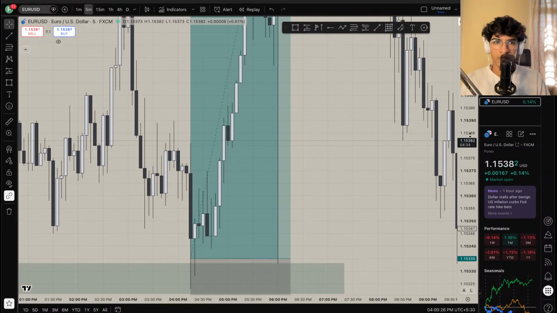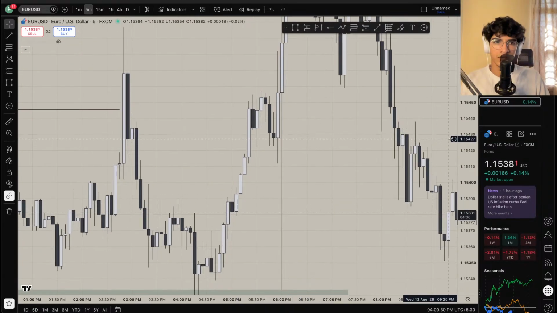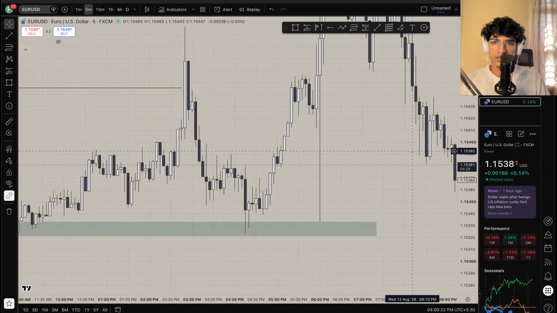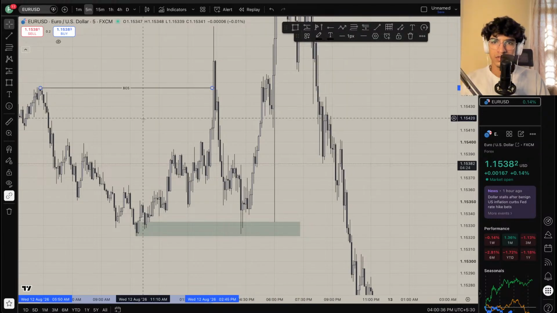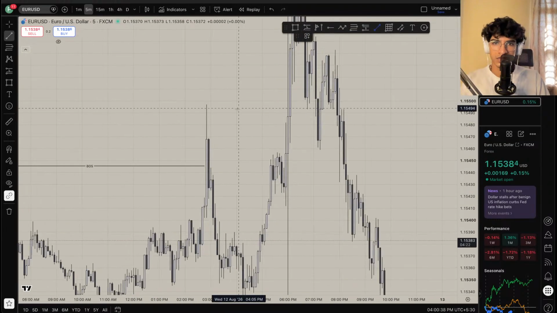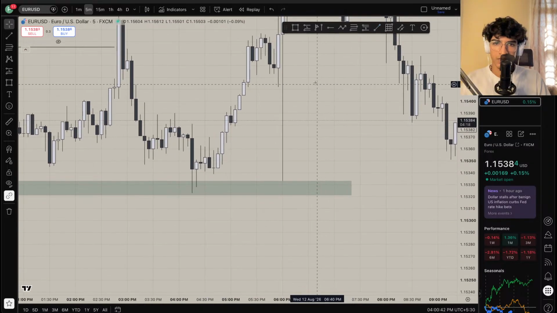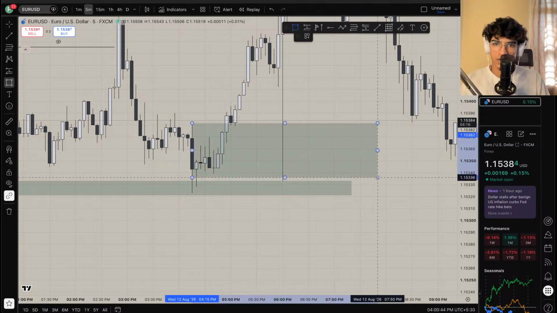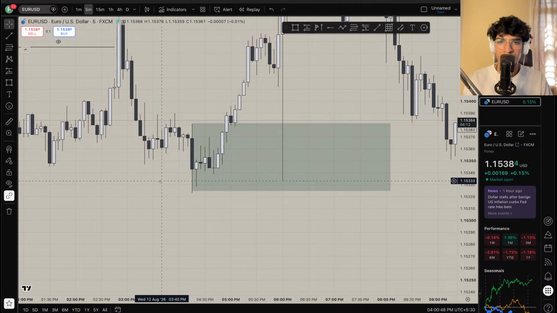If you had waited, you could also see it. And once again, just look at this. We got a break of structure here. I'm marking this break of structure. Again, we got another break of structure here. When we get another break of structure, you can mark this order block. We'll leave this one, it's now invalid because it's already used.